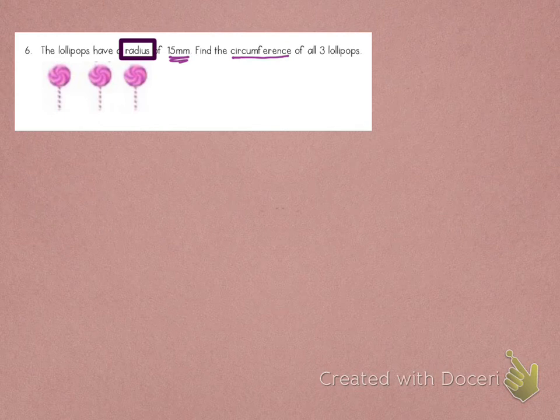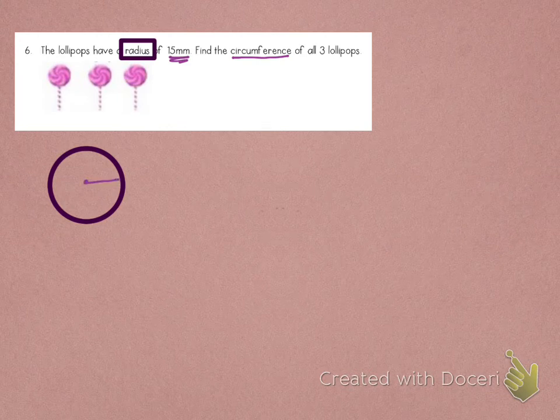So we have the circle, and it said that our radius is 15. That means that it's that line that goes halfway through, okay, and this is 15. And so when they give us radius for circumference, we have circumference equals 2 pi r.